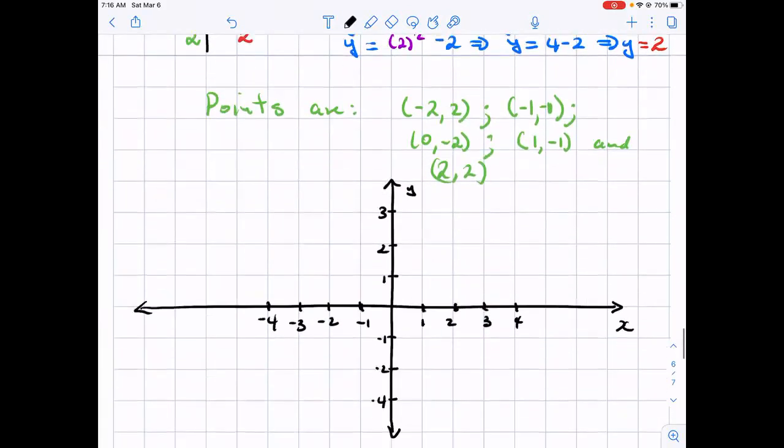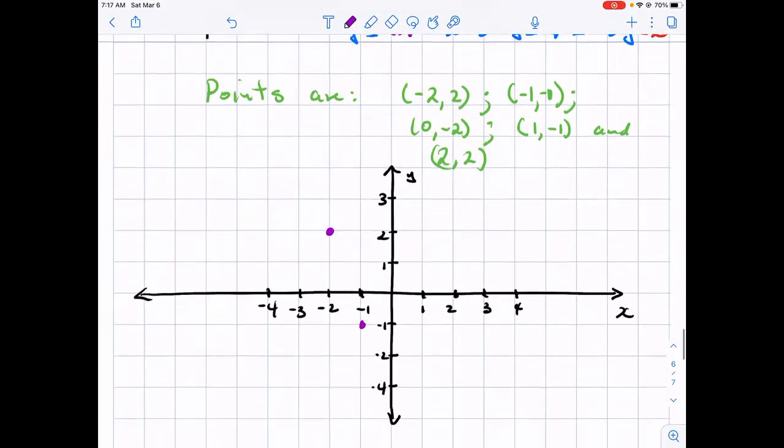So the first point is minus 2, positive 2, which is here. The second point is minus 1, minus 1, which is there. The third point is 0, minus 2, then 1, minus 1, and then 2, comma 2, which is here.